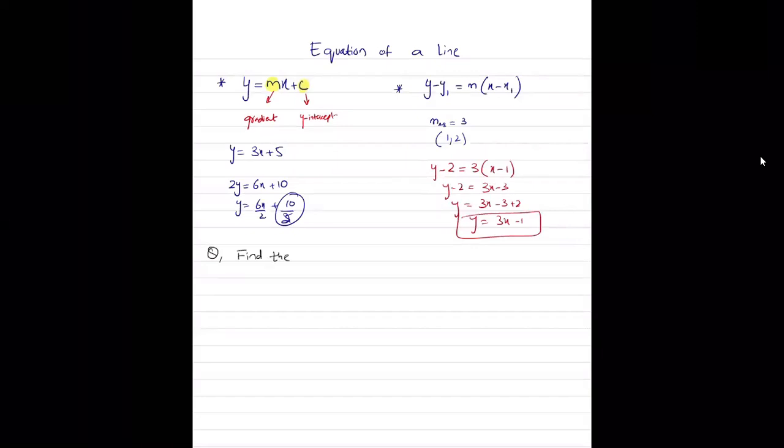So find the equation of a straight line.